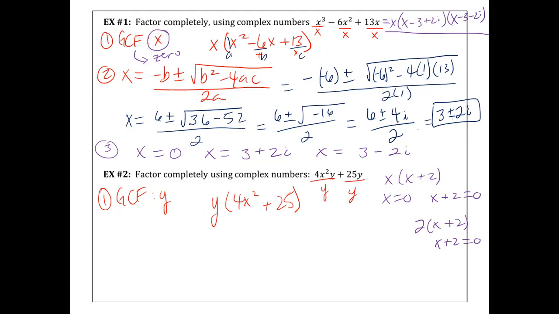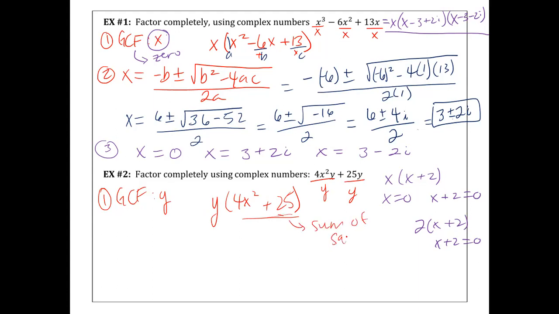Now it says to factor completely, right? So I have 4x squared plus 25. And if I look here, this is not a difference of perfect squares, is it? No, it's a sum of perfect squares, because I have a sum of two perfect squares.